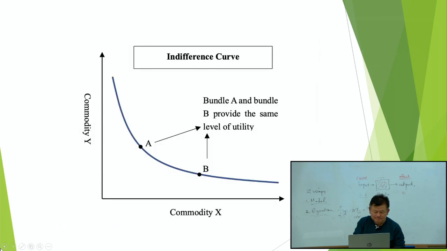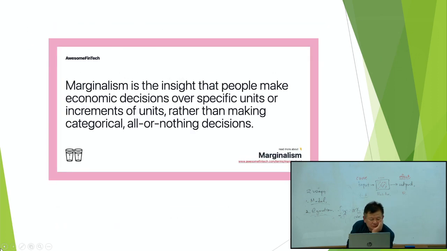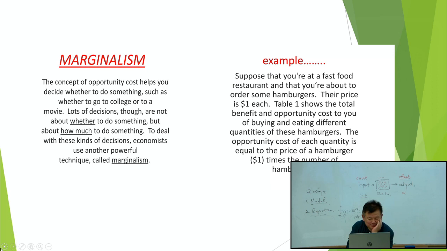Okay, this one. Marginalism. So the concept of opportunity cost helps you decide whether to do something, such as whether to go to college or to a movie. It means I have to study or I have to go to the theater.